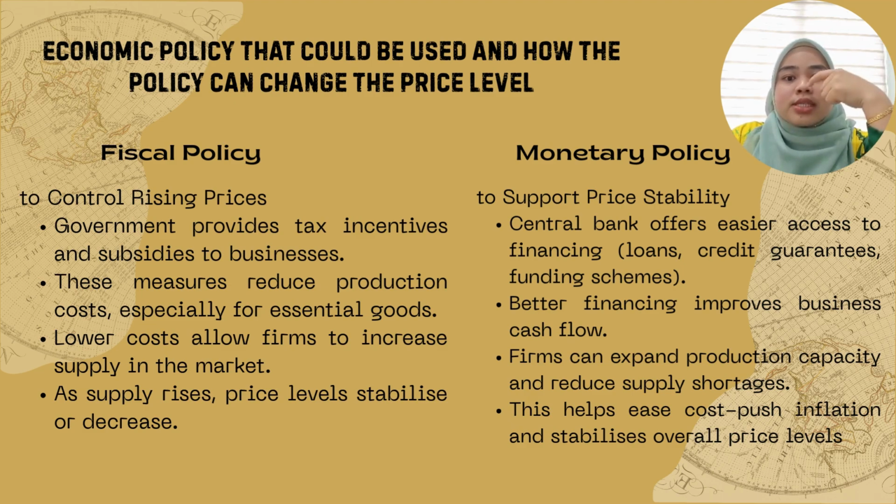This support increases cash flow for businesses and helps them expand their production capacity. When companies are able to produce more goods, the supply is sufficient and the production process becomes smooth. This reduces production cost, and ultimately the price of goods can be stabilized or lowered.